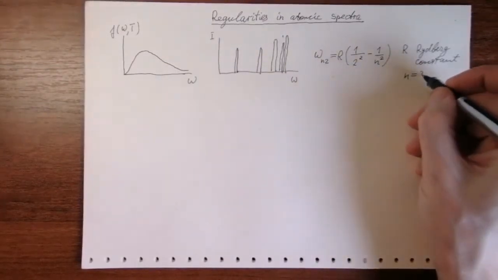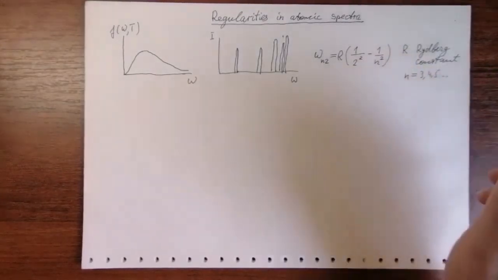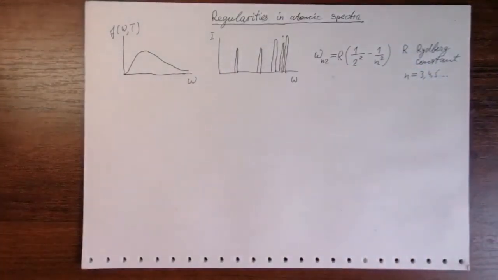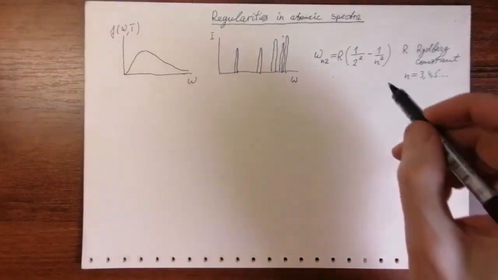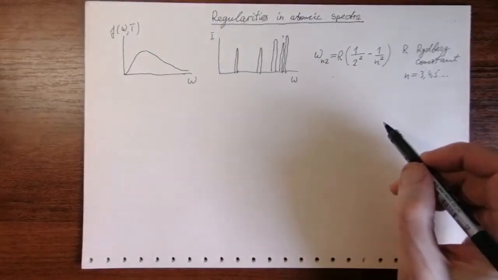So 3, 4, 5, and so on. The spectrum is in the visible part of light.